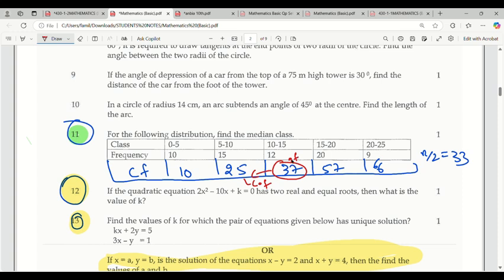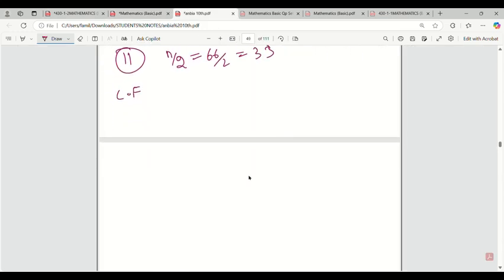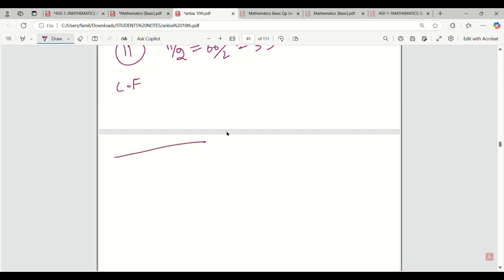Beside that will be our frequency. I'm not drawing the box here, but in exam you try to draw the box. Class interval, whatever it is the name, I'm just writing class interval, frequency, and cumulative frequency.